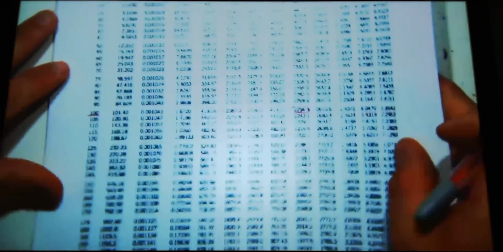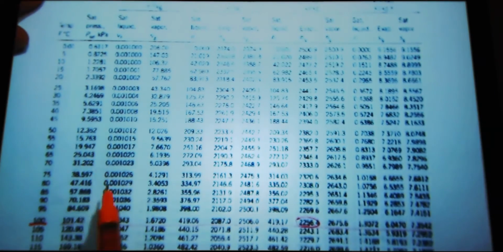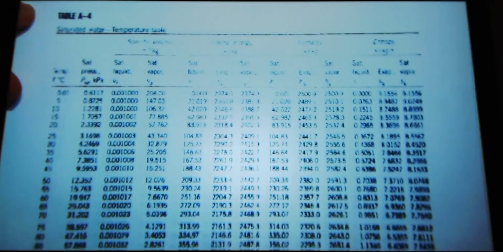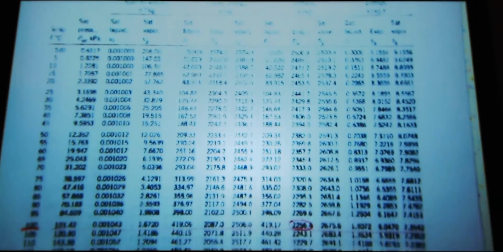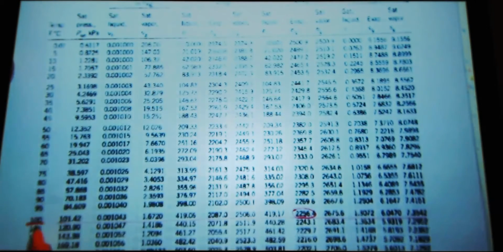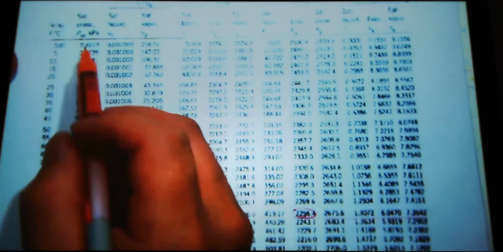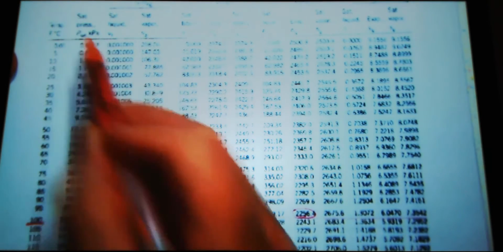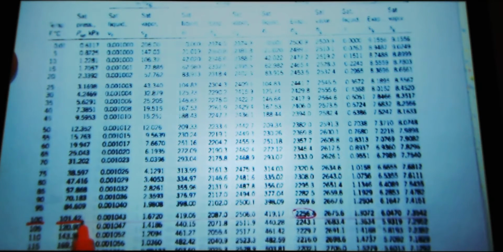Okay, related to that, this is a saturated water temperature table. Right here is the temperature, and I underlined 100 degrees because we know water boils at atmospheric pressure at 100 degrees. Right here is the saturation pressure, and 101.3 is 1 atmosphere.